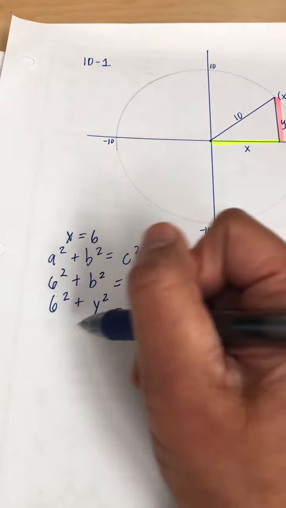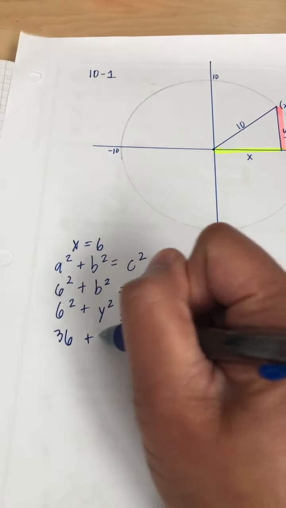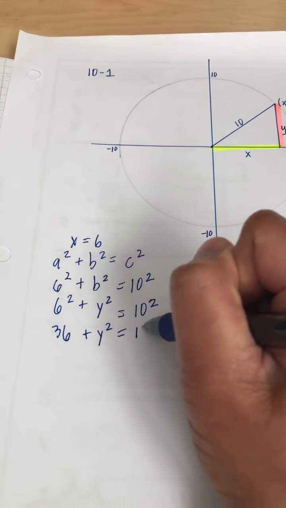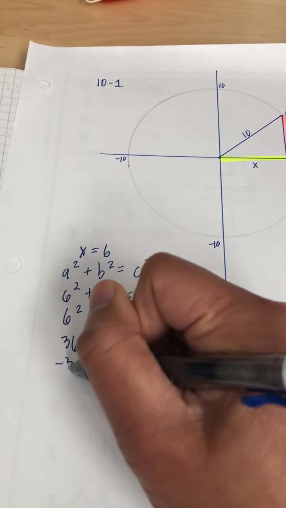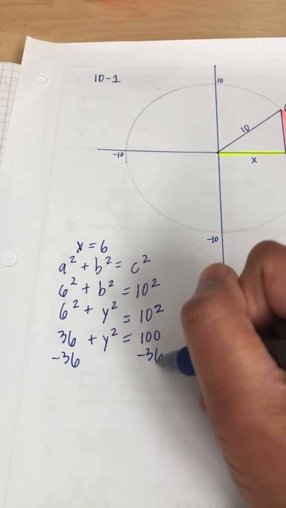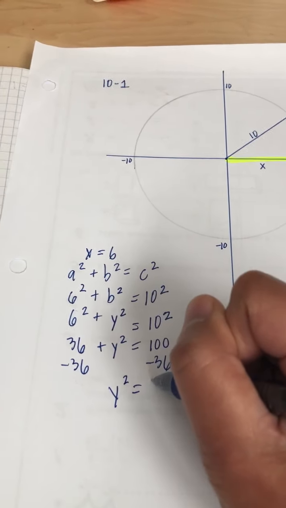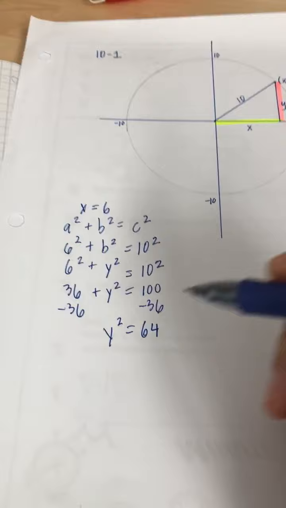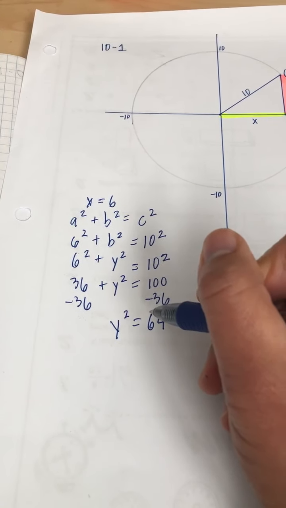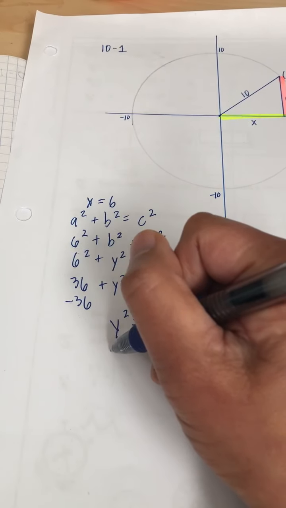So we get 36 plus y squared equals 100. And then when we subtract 36 from both sides, we get 64. So y squared is equal to 64.